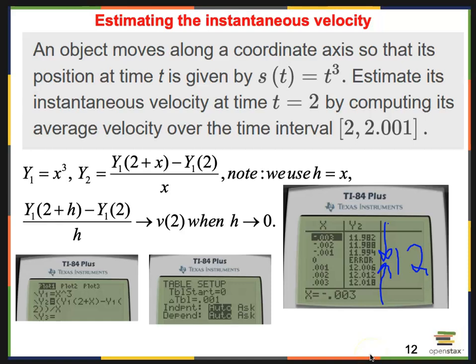So as an object moves along a coordinate axis so that its position at time t is given by s of t equals t cubed, estimate its instantaneous velocity at time t equals 2 by computing its average velocity over the time interval 2 to 2.001.